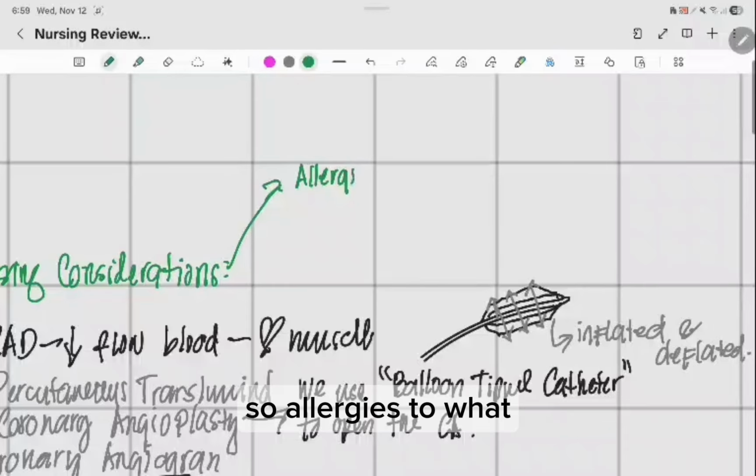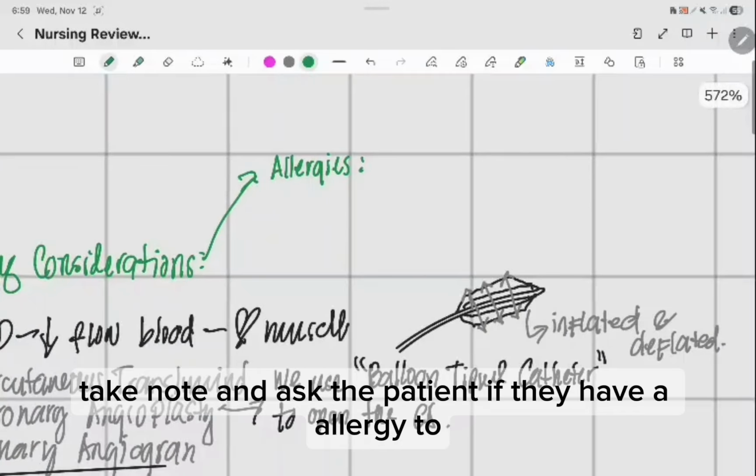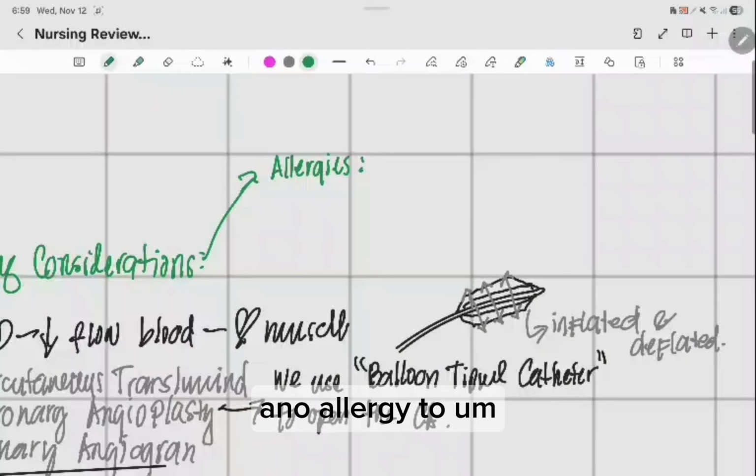So allergies to what? So again, you have to take note and ask the patient if they have an allergy to iodine, no?